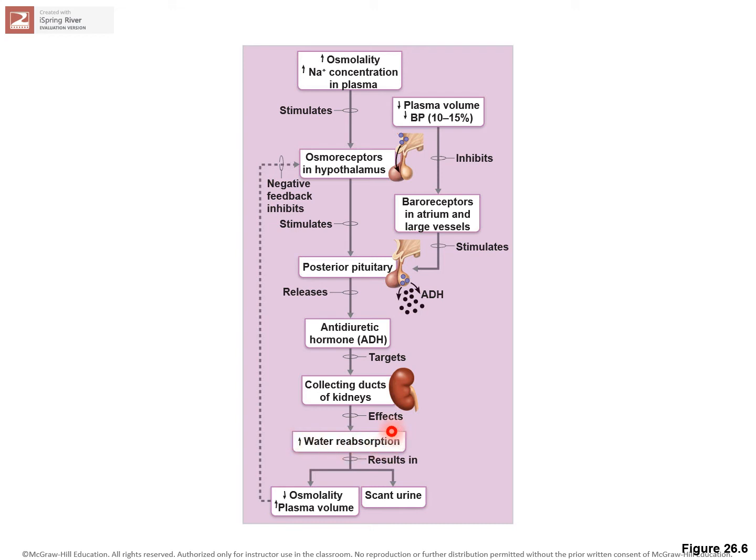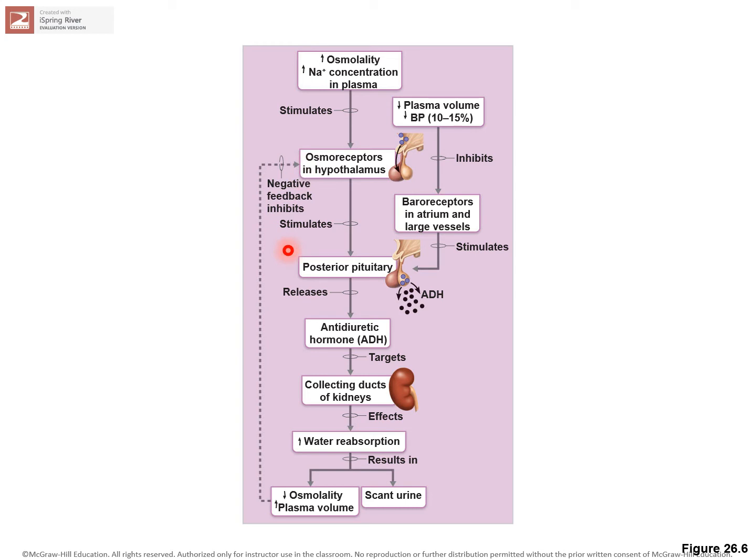Okay, when we increase water reabsorption, we don't pee too much, and then we dilute our blood and decrease the osmolarity. So when we have more body fluids, it increases plasma volume, and again, this is a negative feedback inhibition, right? Because once we restore the original osmolarity of the body fluids, we need to inhibit water reabsorption, right? So this is called a negative feedback mechanism.